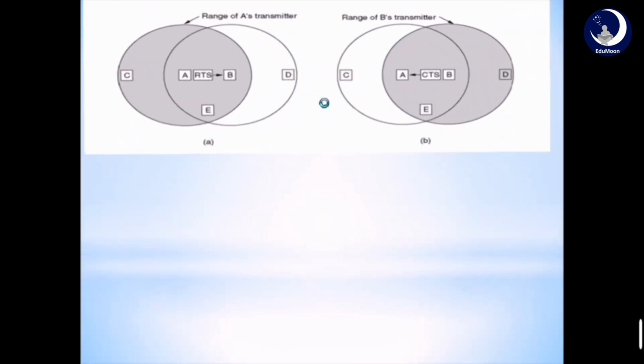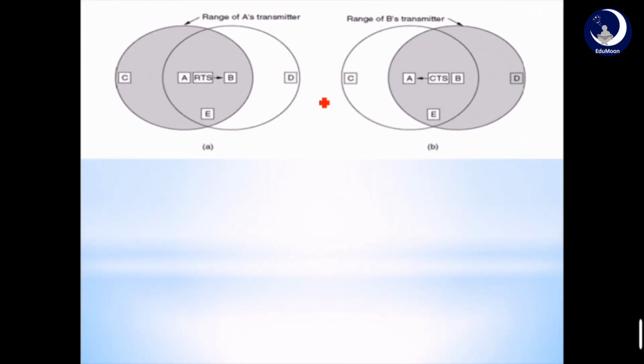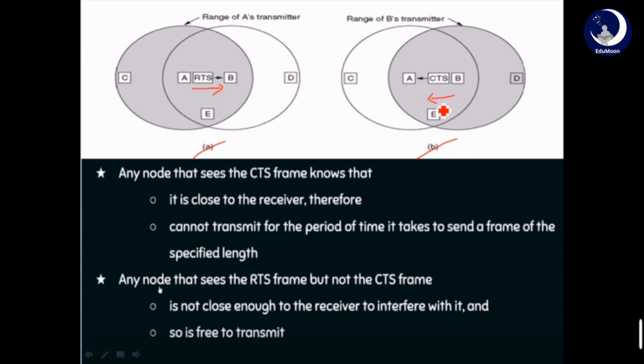Let us consider this example. Here in the first figure you can clearly see that A is sending the RTS signal, and in the second figure B is replying with the CTS frame. Any station close to A hears the RTS, but does not sense the CTS frame.